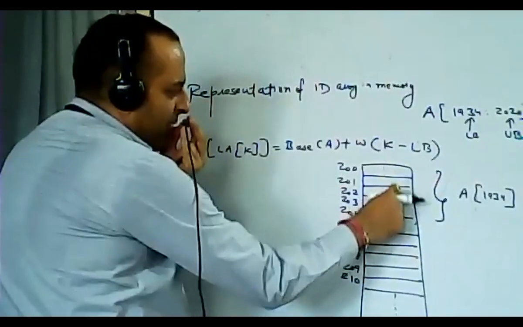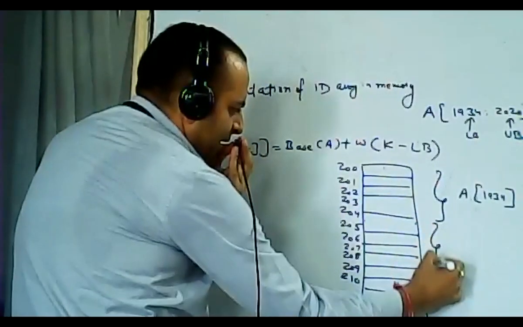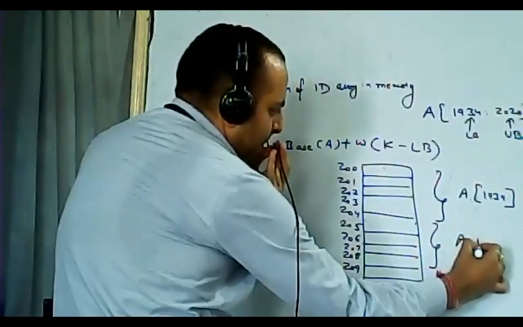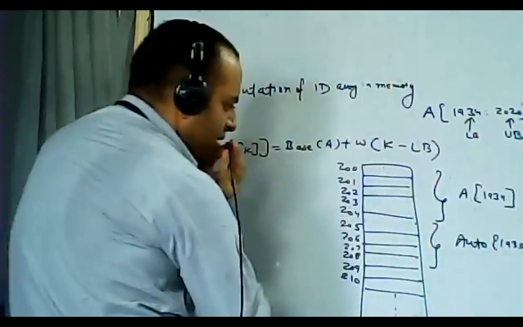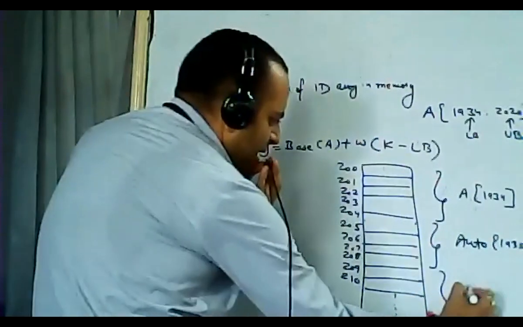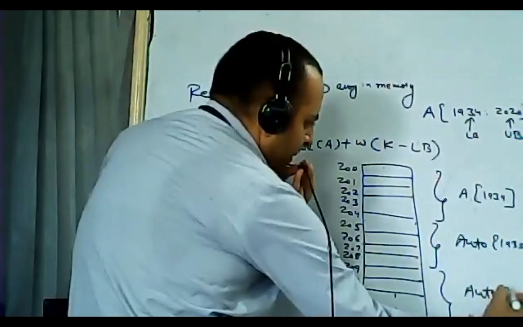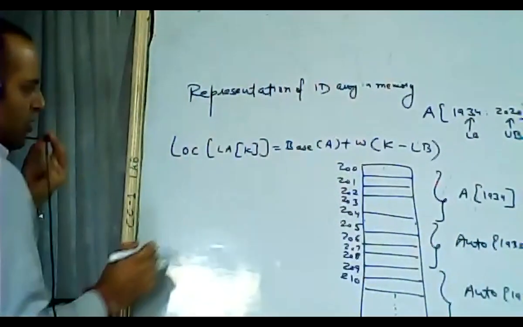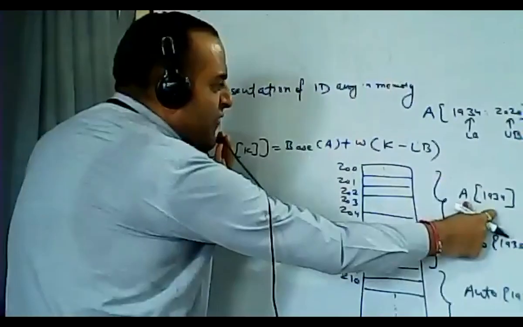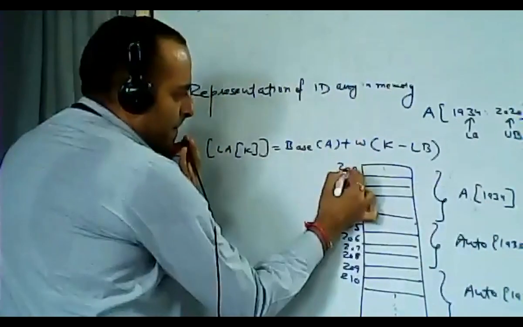To store the value of A of 1934, I need 4 memory cells. Similarly, these 4 cells are taken by A of 1935. Next value. And next 4 are A of 1936. So 4, 5, 6. Now tell me, what is the address of 1934?